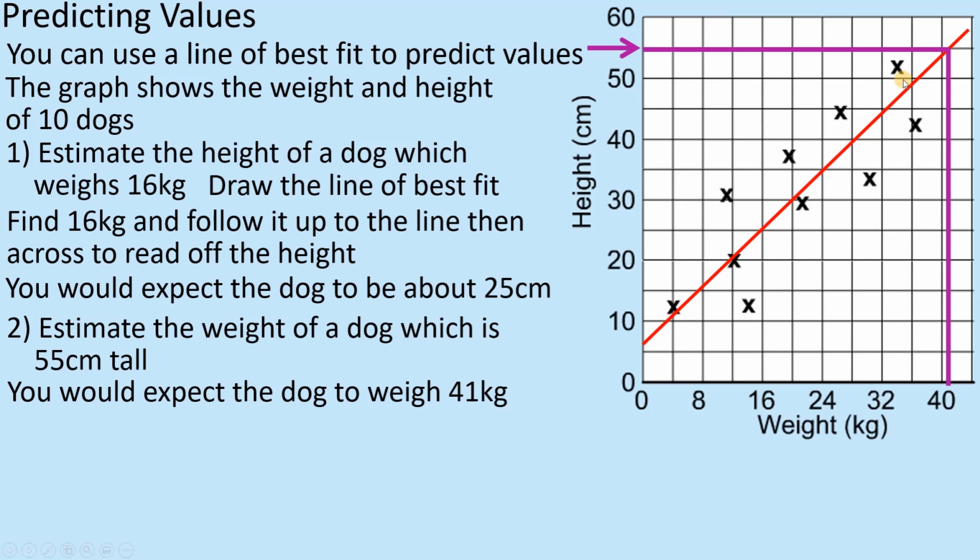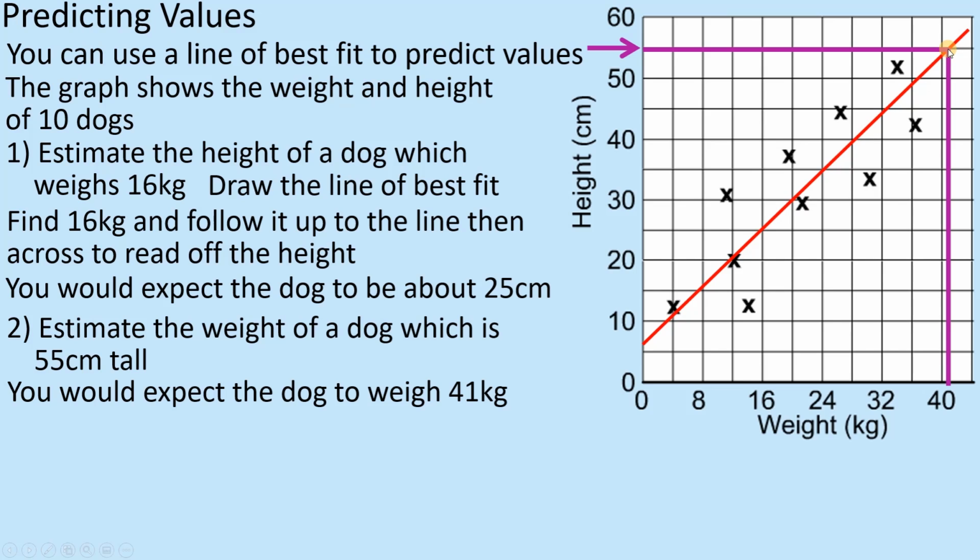Our data goes up to around about 36 kilograms and about 53 centimeters tall. And down here, it goes down to around about 6 and around about 12. So in terms of our estimates, one of them was right in the middle, at 16, in the middle of our data, and the other one was outside our data.